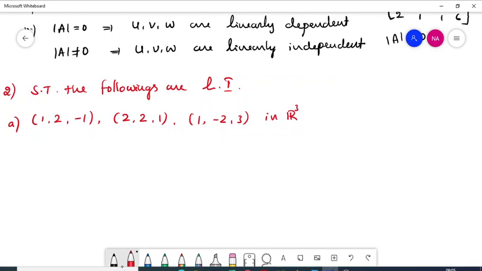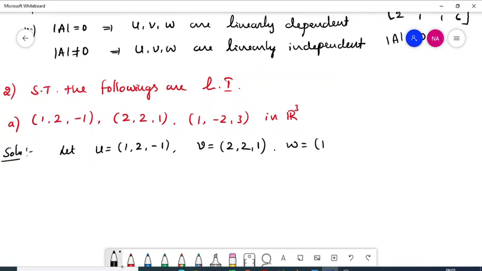Solution. Let U be 1 2 minus 1, V be 2 2 1, and W be 1 minus 2 3 in R power 3, right?